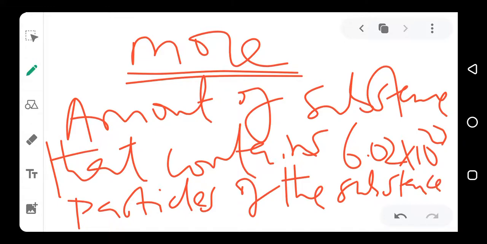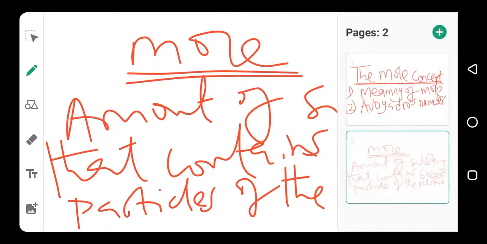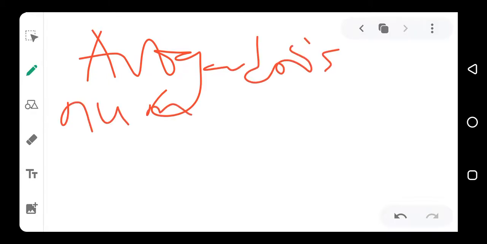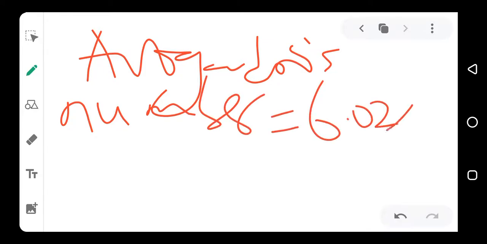Particle means that it may be ions, it may be atoms, it may be molecules, or any form that the substance may exist. And I say that Avogadro's number is equal to 6.02 × 10^23.